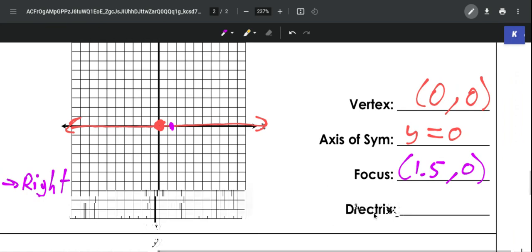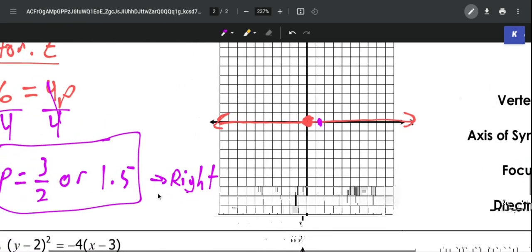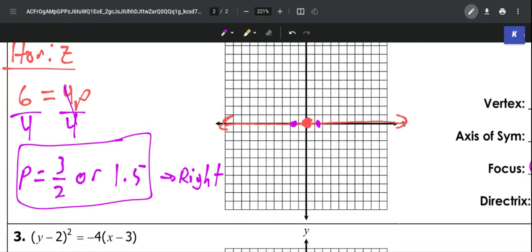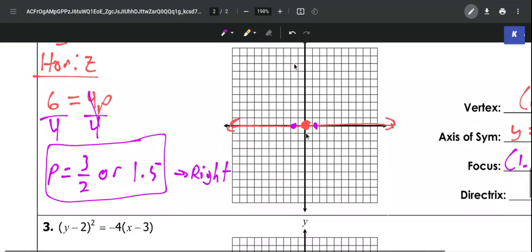Now my directrix is just 1.5 units in the opposite direction. So if we went right for the focus, we're going to go left 1.5 units, or we're going to go minus 1.5 units. So that would be right here. So that is my directrix, and my directrix is going to have a line through it that is perpendicular to my axis of symmetry.